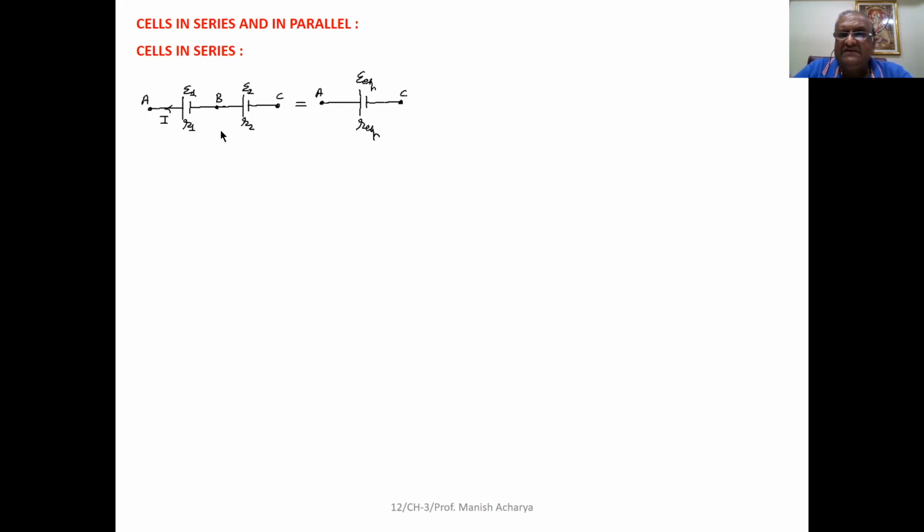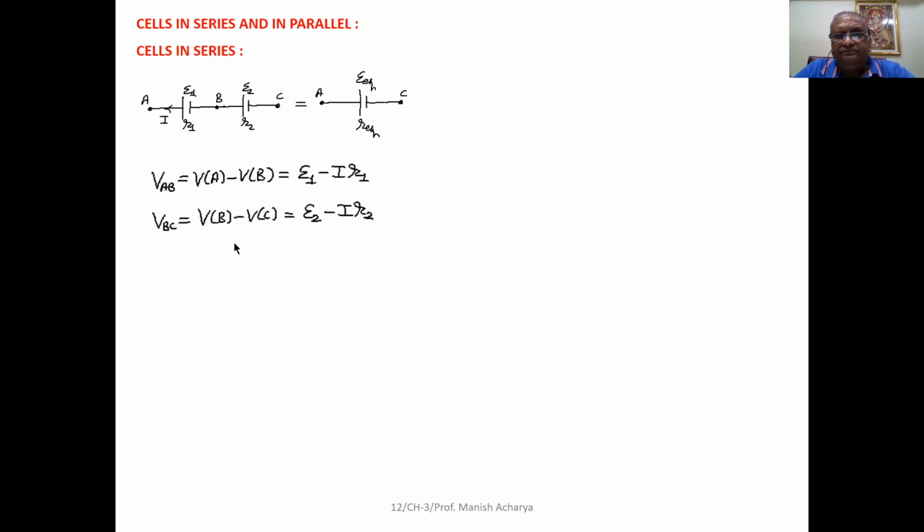Suppose the equivalent EMF of this combination is E equivalent, and the equivalent internal resistance offered by these cells to the circuit is R equivalent. Then we can represent the equivalent circuit as shown in this figure.